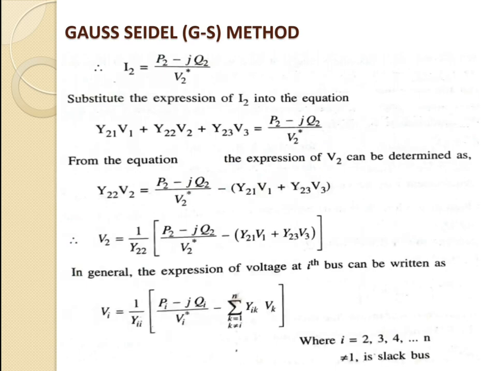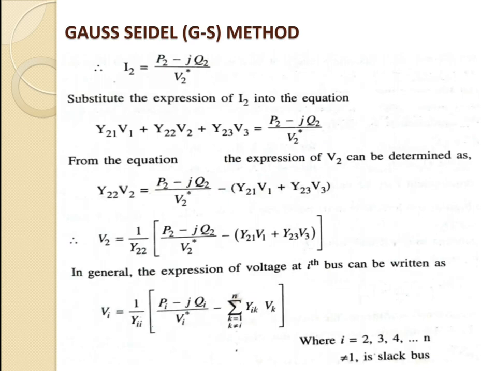We get Y21 V1 plus Y22 V2 plus Y23 V3 equals P2 minus jQ2 divided by V2 star. From this equation, the expression for V2 can be determined as Y22 V2 equals P2 minus jQ2 divided by V2 star minus (Y21 V1 plus Y23 V3).